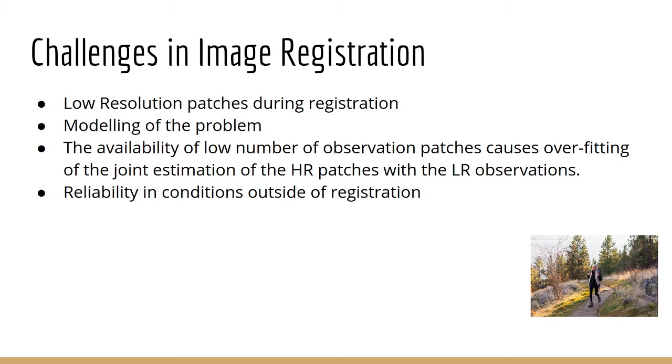And next challenge is the modeling of the problem. Most researchers model the image registration and the estimation as an optimization problem. When you're modeling a problem as an optimization problem, you are placing a lot of constraints, and these constraints can cause overfitting at times because it is an optimization problem.